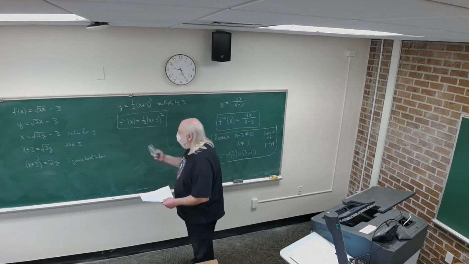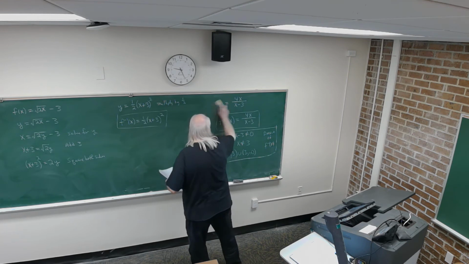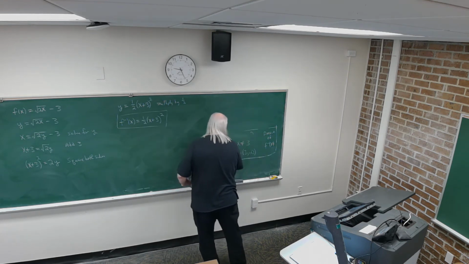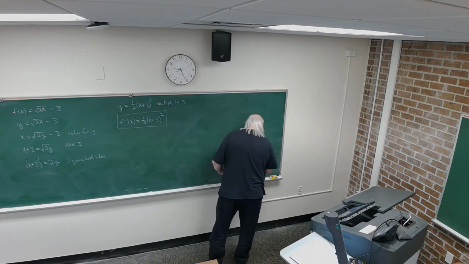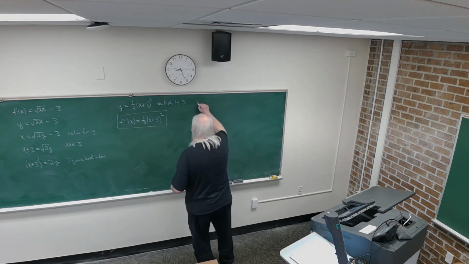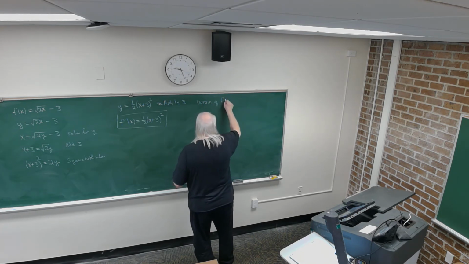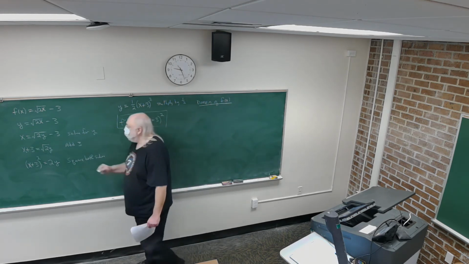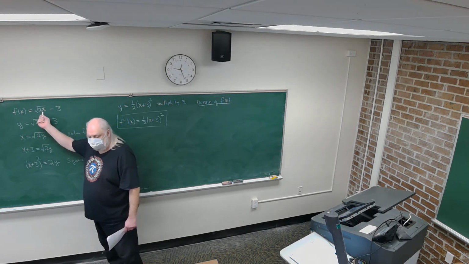Well, finding the domain of f of x is easy. We've done this. The domain of f of x, the radicand, what's under the radical, has to be greater than or equal to 0, right?